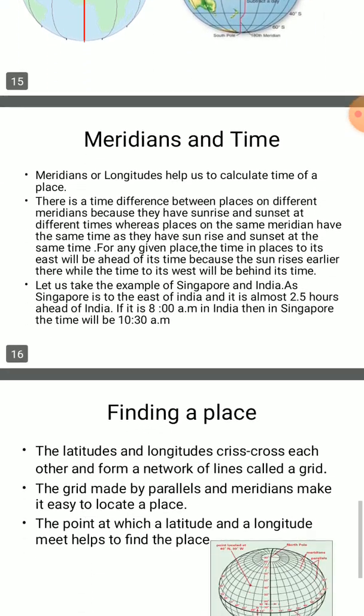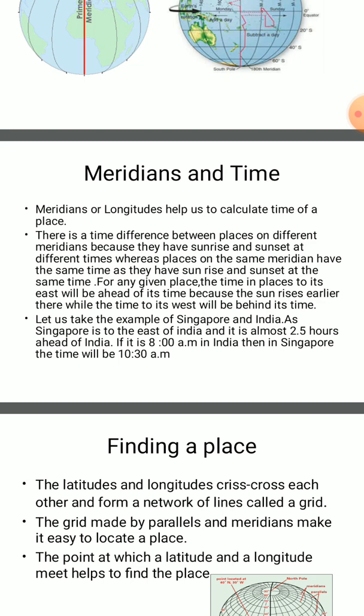Now, what is the importance of the meridians in calculating time? We all observe that the time in different countries is different. Why is the time in different countries different, and how do we calculate the time of a place?